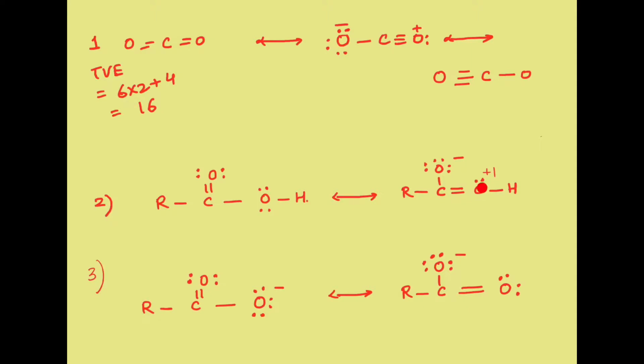It's an electronegative atom, it's getting a positive charge. Not a nice thing to do because oxygen likes to be negative, right? Whereas when I talk about carboxylate ion, I'm getting a negative formal charge in both the structures on oxygen, and that's the happiest thing that can happen to oxygen in such a scenario.